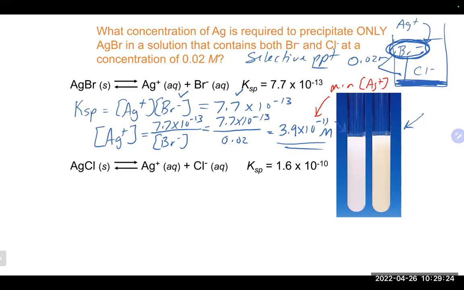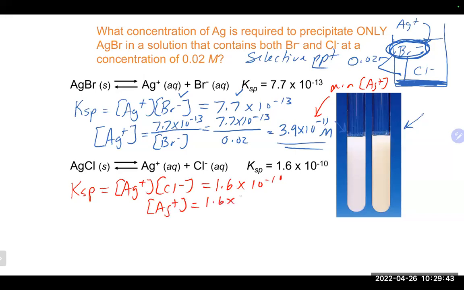Now we could do a similar calculation for the silver chloride. And again, our Ksp here would be our silver concentration times our chloride concentration, and that would equal 1.6 times 10 to the minus 10. Solving for our silver concentration, it would be 1.6 times 10 to the minus 10 divided by our chloride concentration, which once again is the same number.